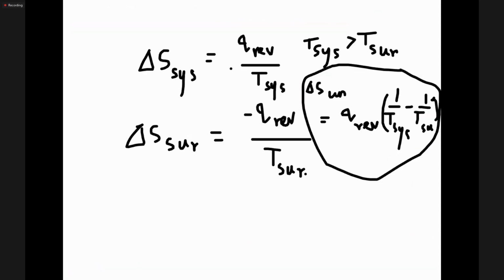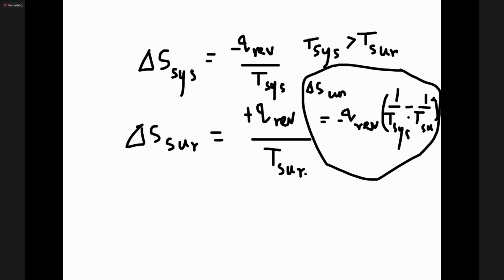Since Q was given by the system, Q was heat released, so it was negative. And since heat was taken by the surroundings, it was positive. If we take Q reversible as negative, we have the equation with T system minus T surroundings. T system was greater than T surroundings, so 1 by T system was less than 1 by T surroundings.